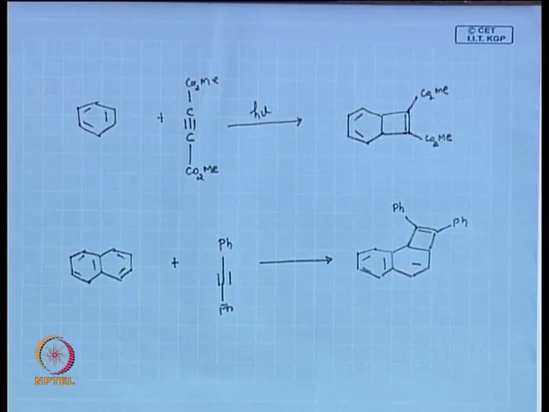See, most of the time this 2 plus 2 works when you take this aromatic system. 4 plus 2 works only for anthracene type of systems, but other systems except anthracene all go by 2 plus 2 cycloaddition.